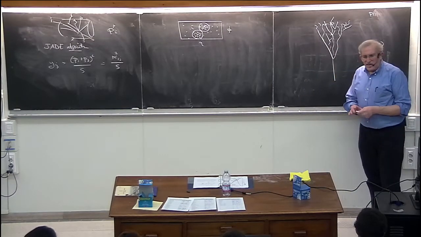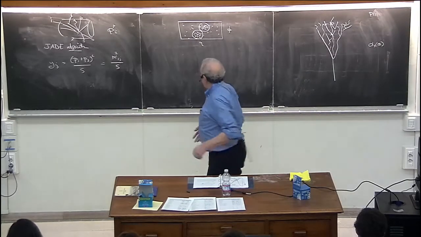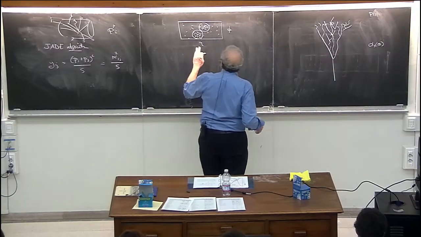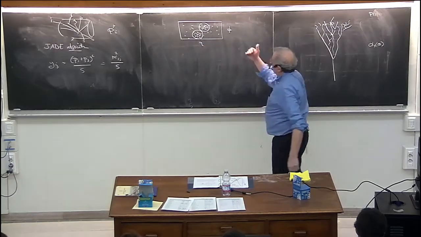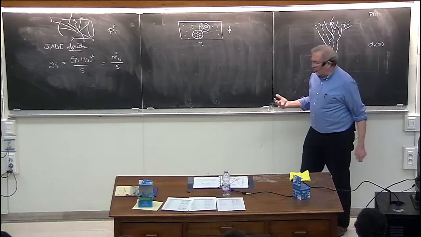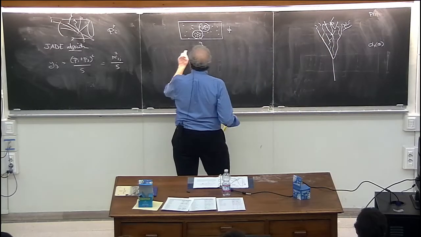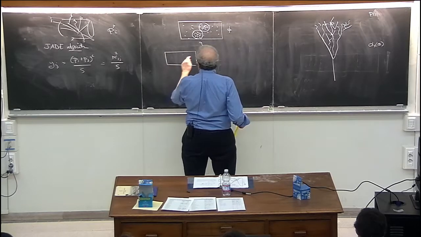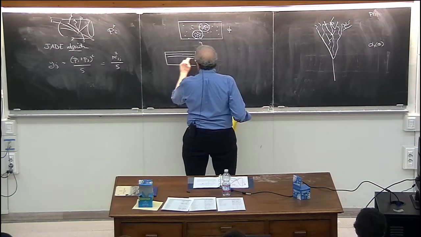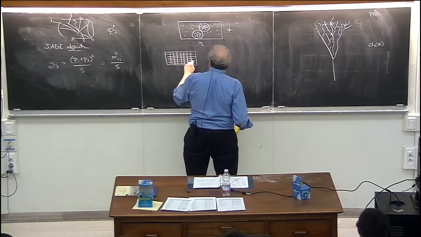And now let's talk about how to do this in a more organized fashion. So first of all, let me define a distance between particles. Actually, typically at the LHC, this is done with calorimetry. So maybe a better way to draw the picture would be to think about the calorimeter barrel as being divided into cells like that.